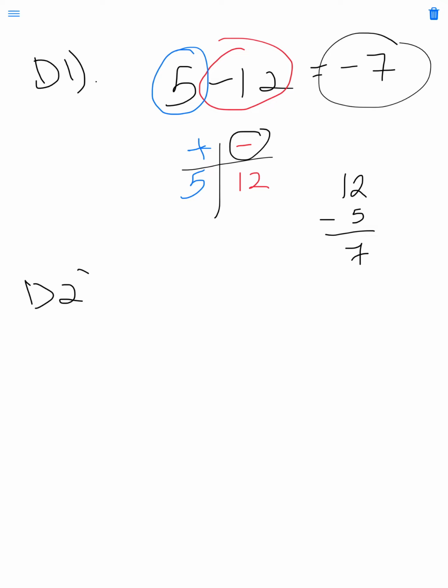Then for D2, I have negative 20 minus 7. So again, I circled the numbers. Negative 20. Negative 7. Go on my scoreboards.